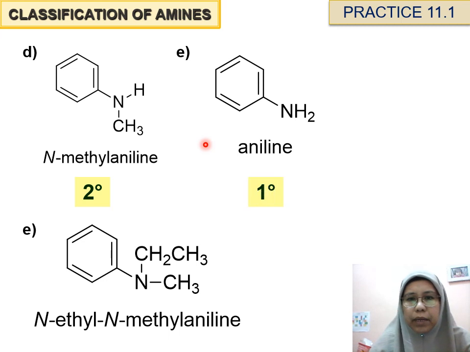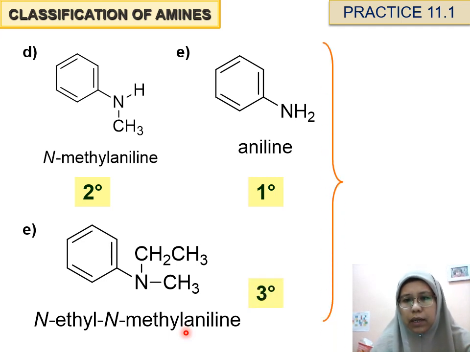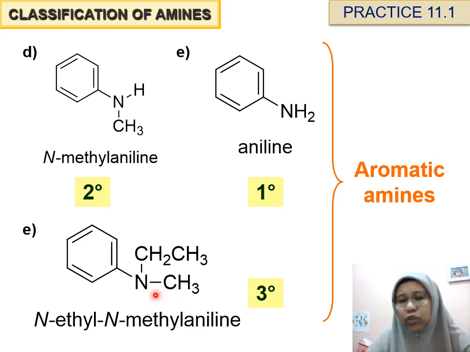Aniline is a primary aromatic amine. And E, we have methyl and ethyl attached to N. So we mention ethyl first because it is according to alphabetical order. E is a tertiary aromatic amine. In your book, G would be cyclohexanamine.